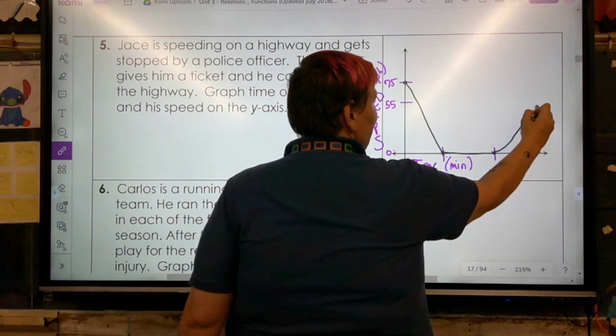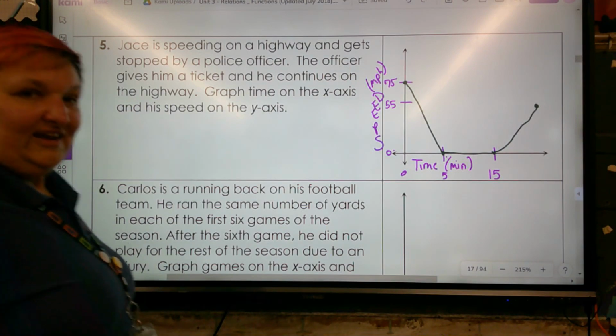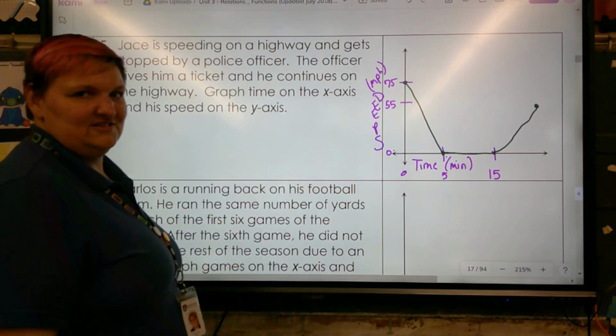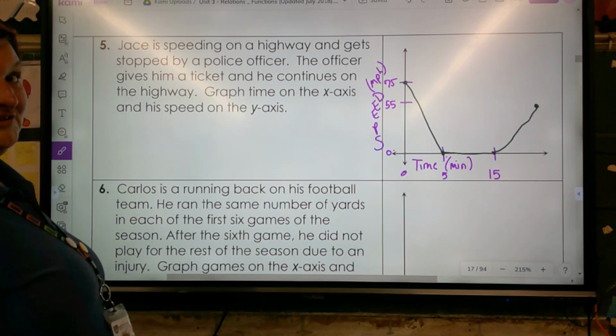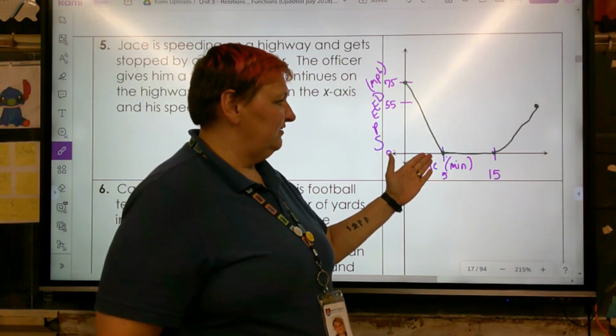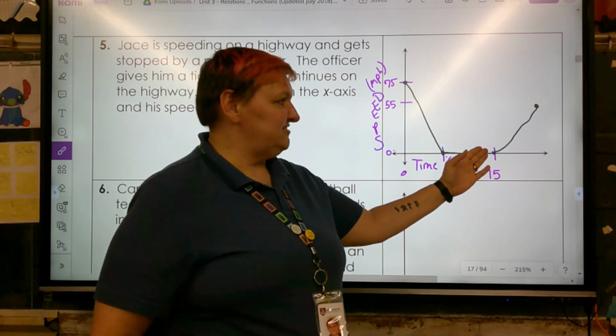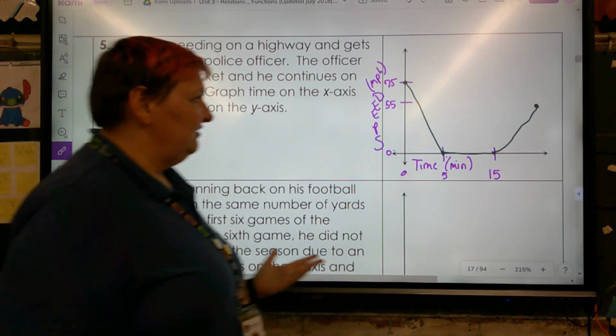And he stopped at 55 miles an hour. He didn't take off with a spin of his wheels, because that would look different on the graph. So he stopped hard, spent 10 minutes at a dead stop, and then slowly went back up to 55.